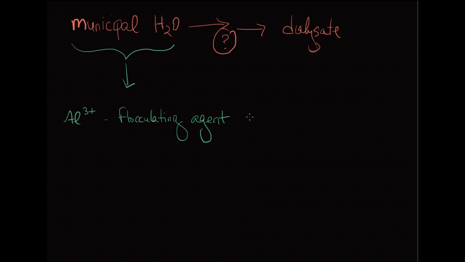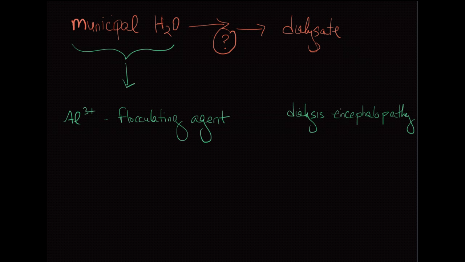Well, the problem with aluminum is that if you put it in dialysis and expose it directly to the bloodstream, you're going to get something called dialysis encephalopathy syndrome. So aluminum deposits in the brain and can cause you to have progressively worsening neurologic function until you get dialysis encephalopathy syndrome.